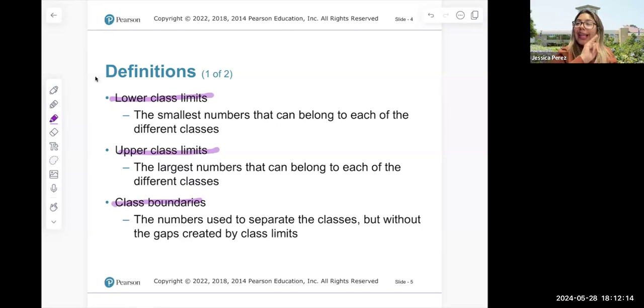Your class boundaries will be the numbers that are going to be seen as decimals because it's a number to separate the class. So if it's a class that's divided by a quantity of 1, then maybe a 0.9, a 0.5, a decimal will show up on a class boundary.